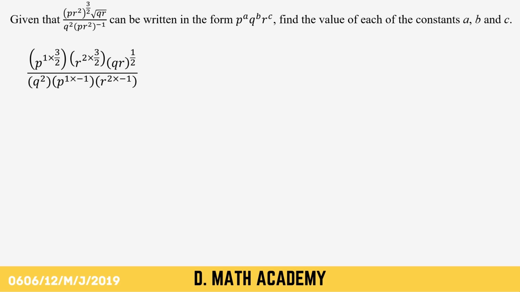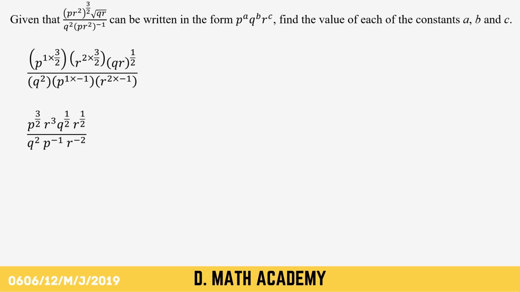So multiply the 3 over 2 into it, and you will get p to the power of 3 over 2. As for the next variable, we have r squared multiplied with 3 over 2. So you will get r to the power of 3 because the 2 and 2 cancel off.